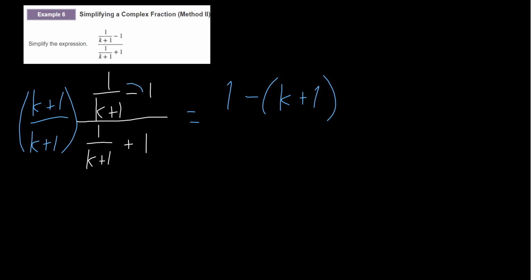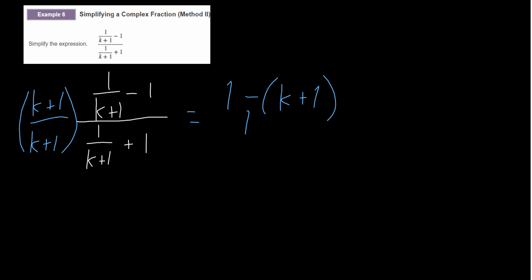When I'm distributing here, k plus 1, I distribute by that number there, same thing I've been doing on previous pages. I distribute by the number, but I have to respect that sign. In the previous examples, I think there was a subtraction in there, but we weren't multiplying it by a binomial, just by a single number. But we have to respect that negative sign, which is why I put the minus right here.